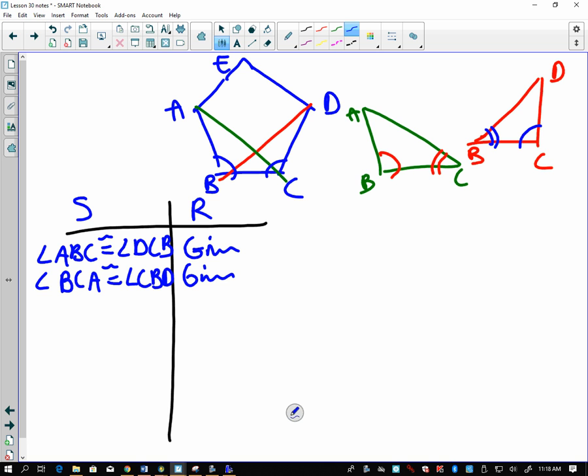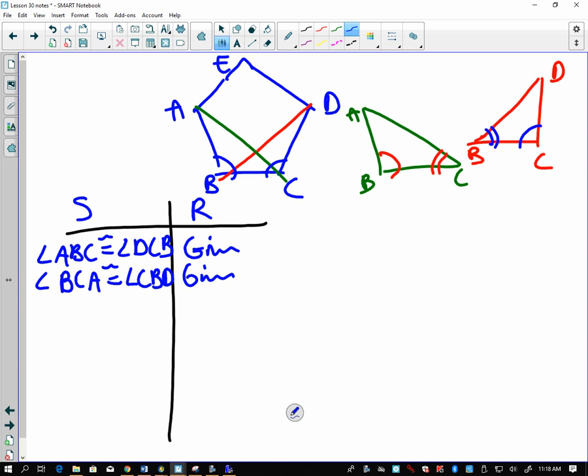I'm still going to have to prove a side, correct? Now, is there a side that I could find that might make my life easier? Michael? BA and CD, is that what you're saying? No, I don't have enough evidence to prove that. It doesn't. If they had told me that this was a regular pentagon, it would. Right? I've got one really easy blaring side congruence.